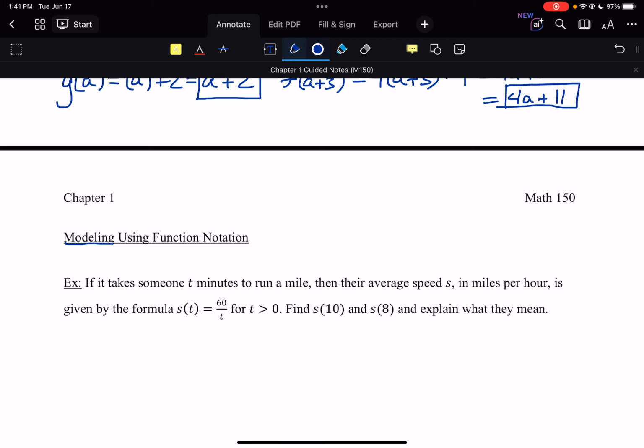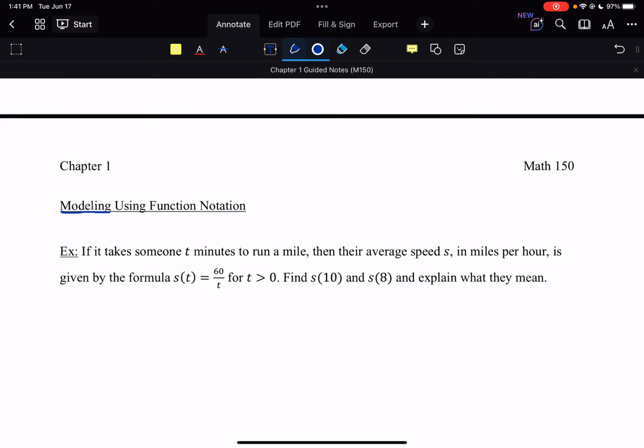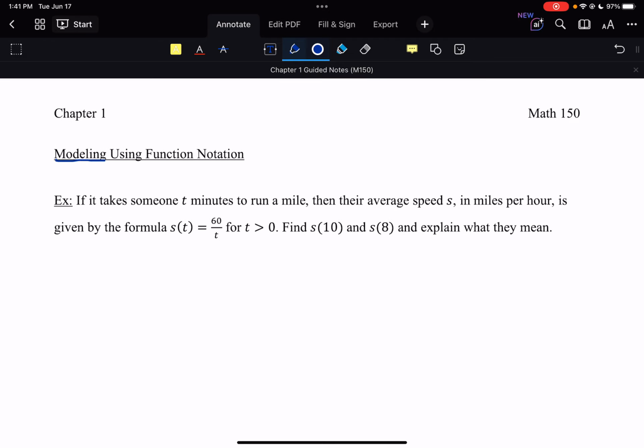Mathematical modeling is basically just answering a real-world question using math, using formulas, functions, algebra and calculus. In essence, it's like what you would call a word problem. But these are problems that have real-world context that we can solve using our tools of mathematics.